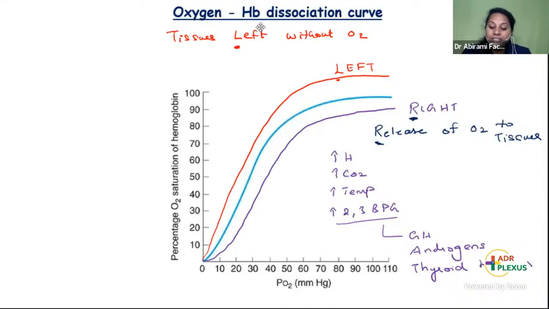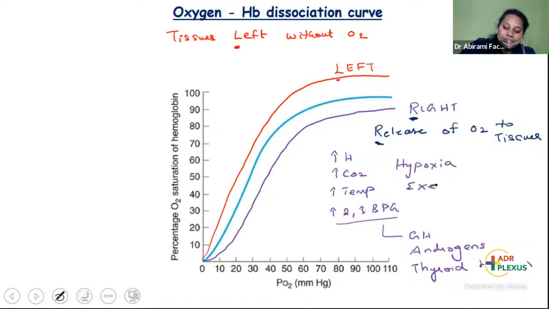Excellent, Dr. Sharan Shaktivel. Exercise, another factor. When you do exercise, tissues need more oxygen. So hypoxia and exercise are the other two factors where the tissues really need more oxygen. More oxygen is released to the tissues, therefore causing right shift of the curve. So all this can cause right shift of the curve.